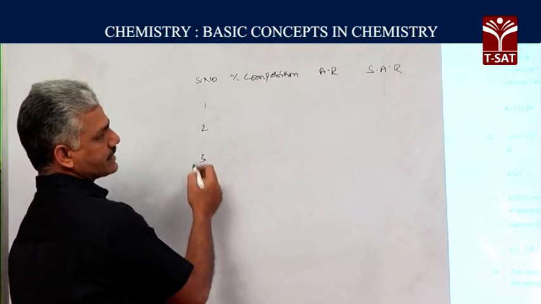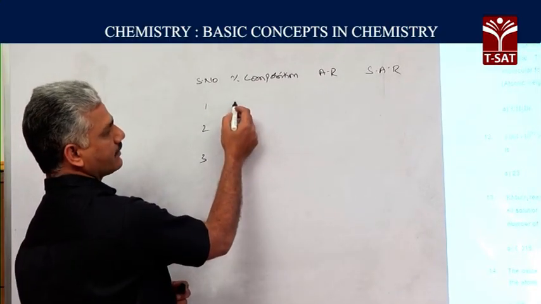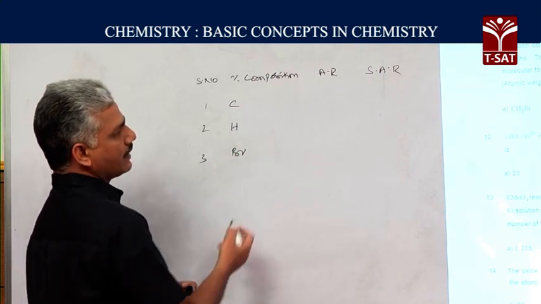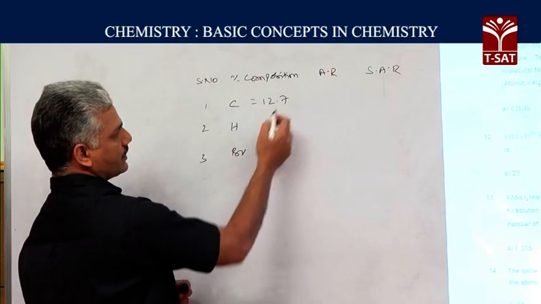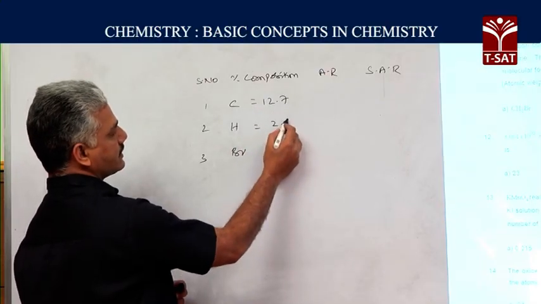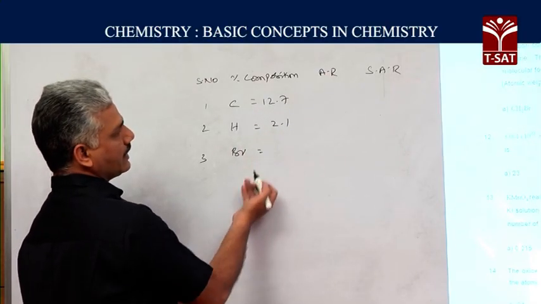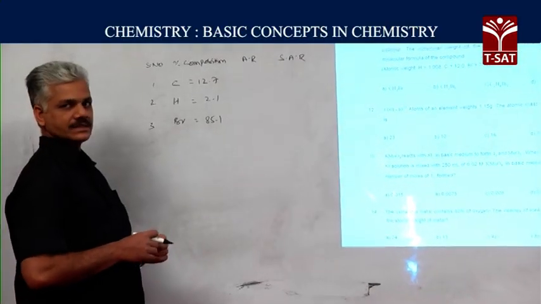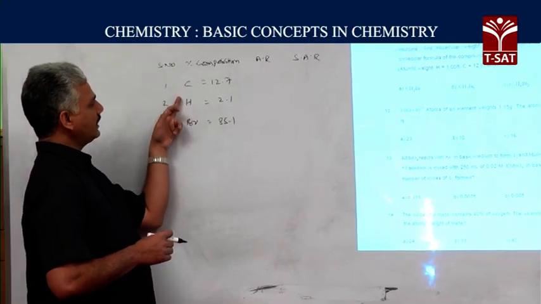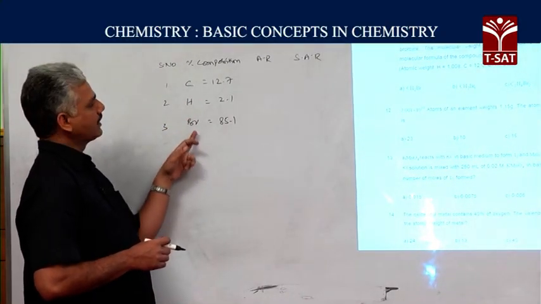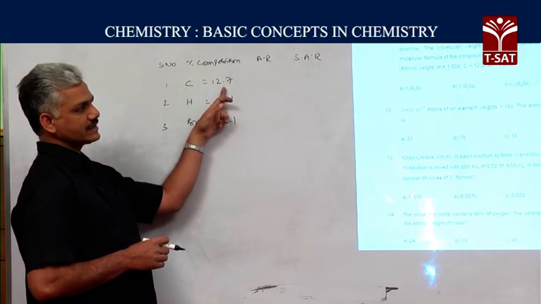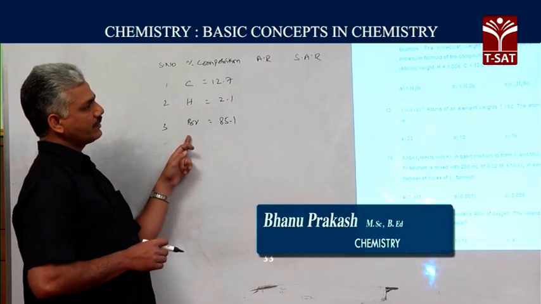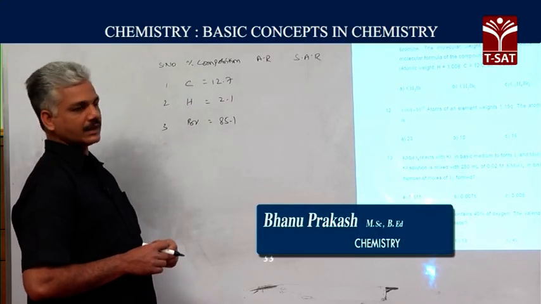The number of elements specified in the problem are 3: carbon, hydrogen and bromine. The percentage composition of carbon is given as 12.7, hydrogen as 2.1, bromine as 85.1.